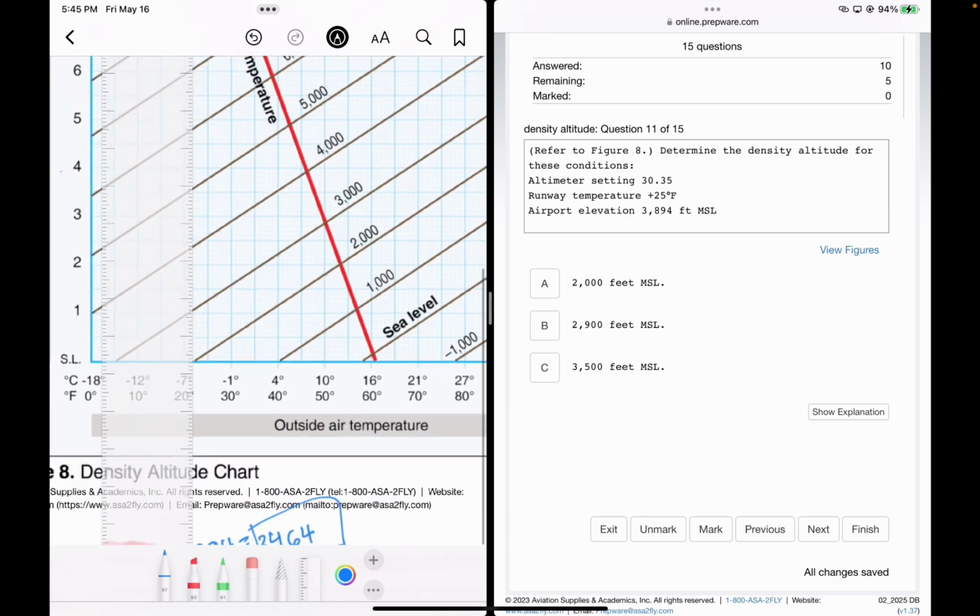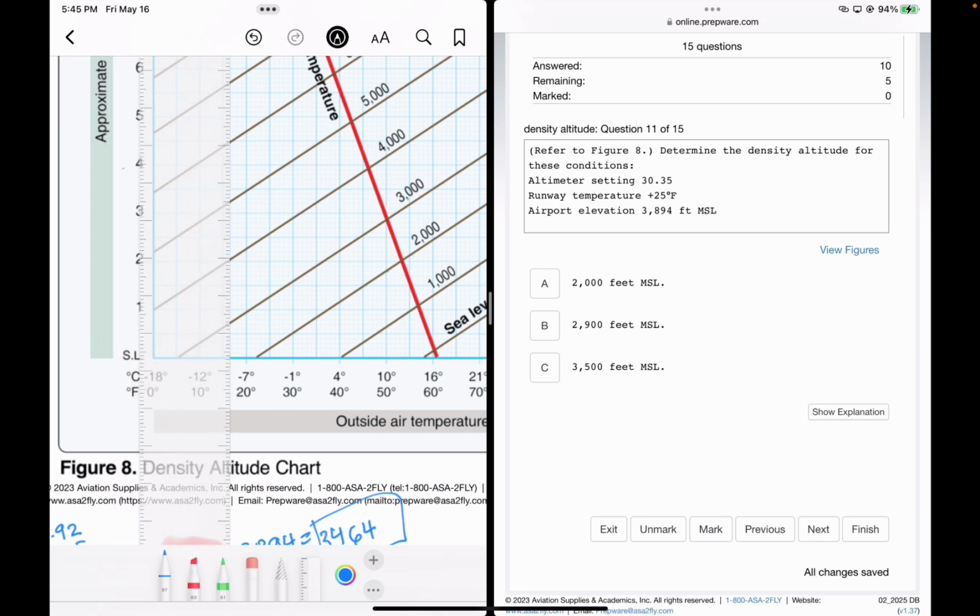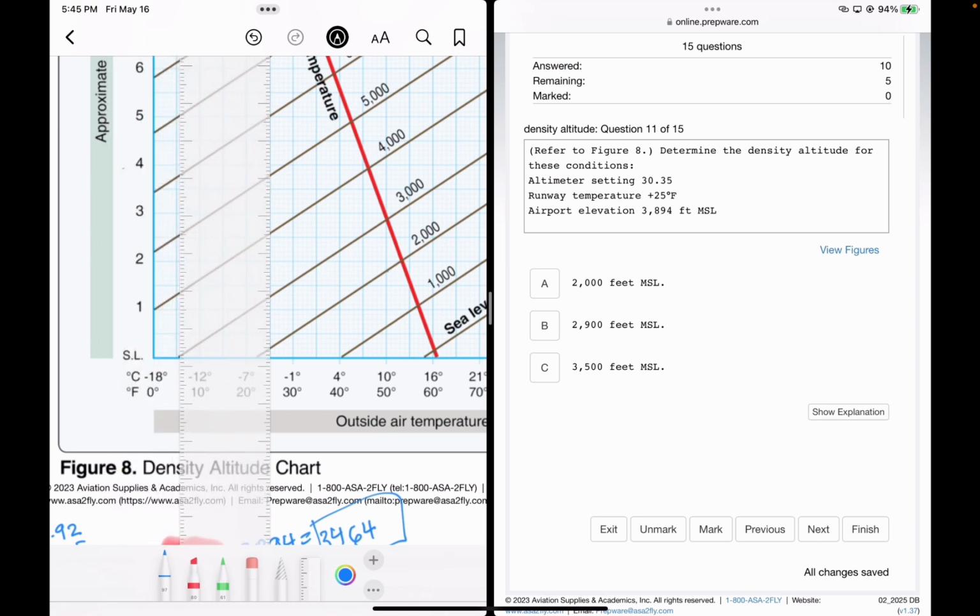You just put your ruler, you'll find 25. 25, by the way, lies between 20 and 30, if you didn't know that. And then you draw your line up till you hit 3,464. How do you know where 3,464 is?